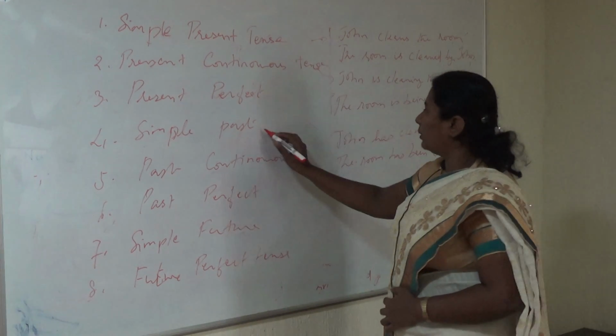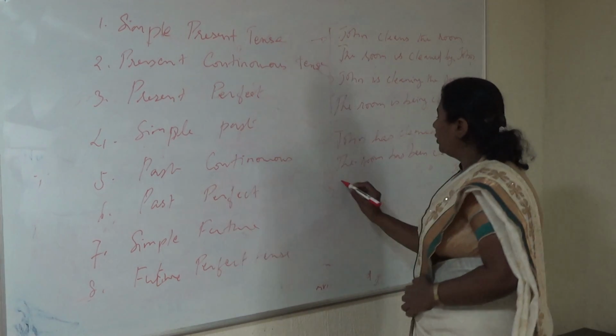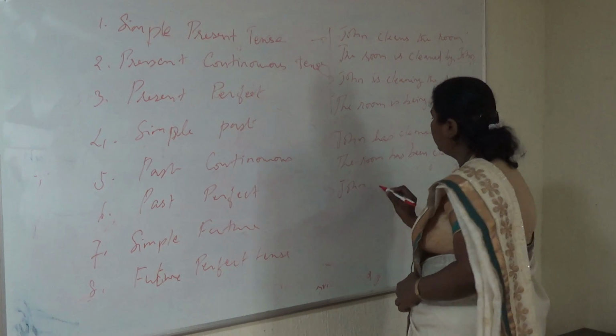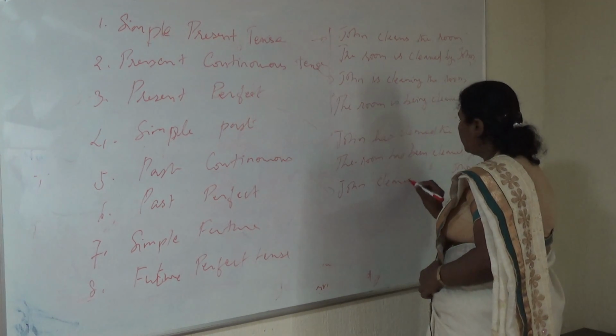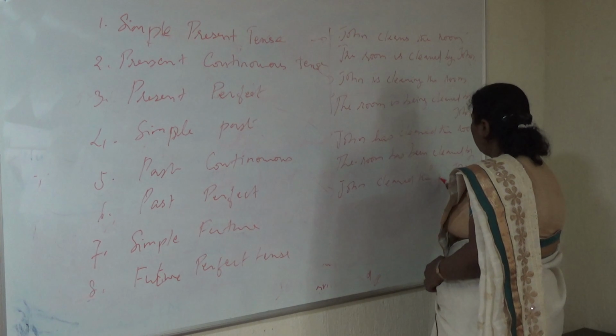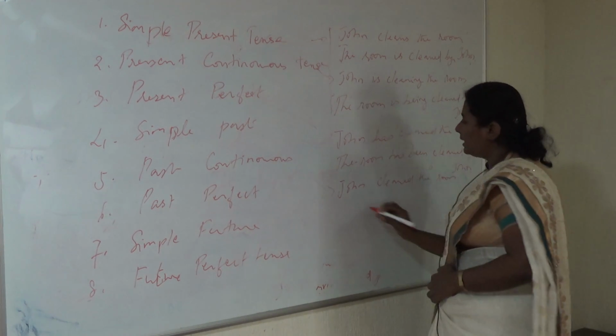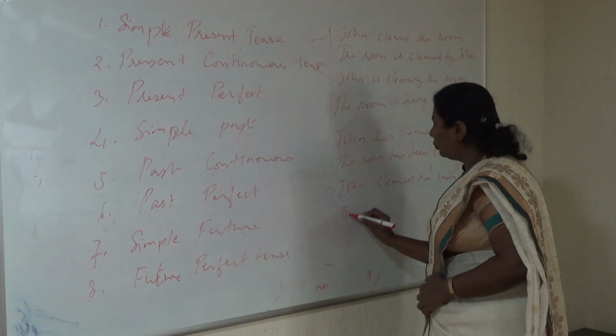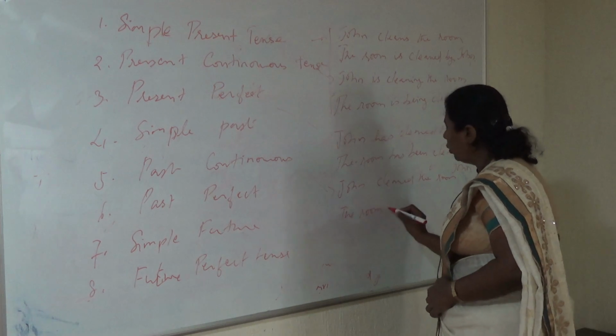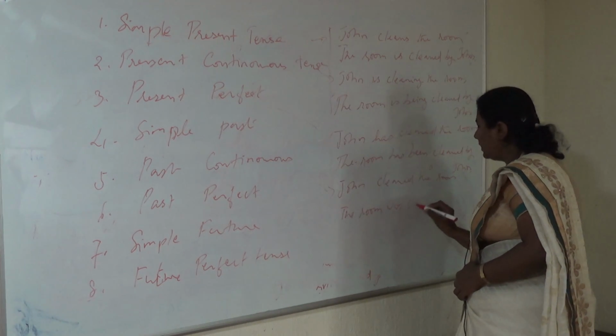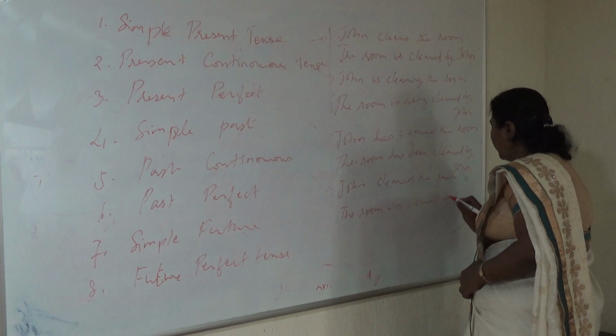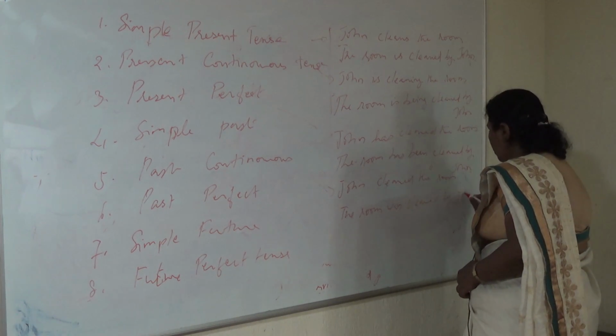Let us go to the simple past tense. John cleaned the room. When you change the sentence to passive, the room was cleaned by John.